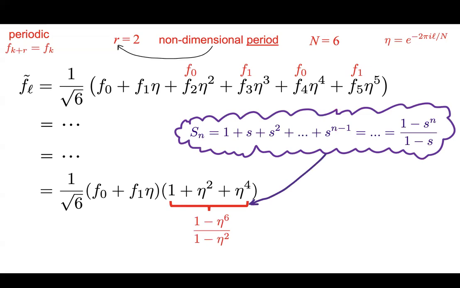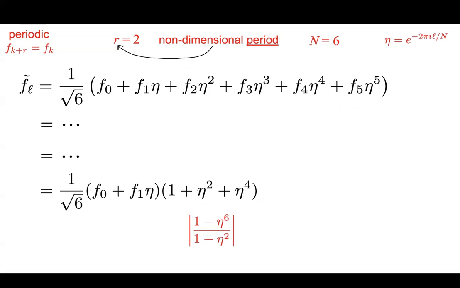Let's focus on the absolute value of this quotient. For all L, eta to the 6 is 1, which means that the numerator is always 0. Eta squared, however, is 1 only for L being 0 or a multiple of 3, meaning for these L values, the denominator is 0. So we have situations in which that absolute value equals 0 over 0.